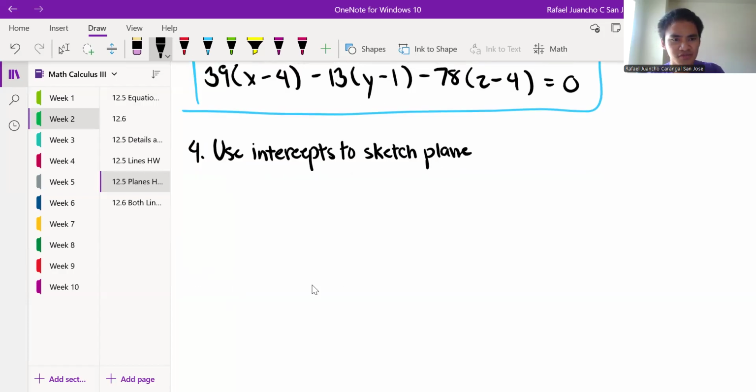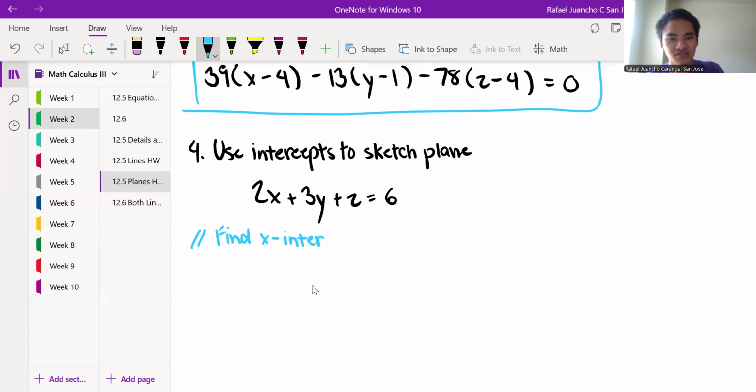So what plane equation are we given? Well, we're given 2x plus 3y plus z equals 6. And so we want to find the x-intercept, y-intercept, and z-intercept.